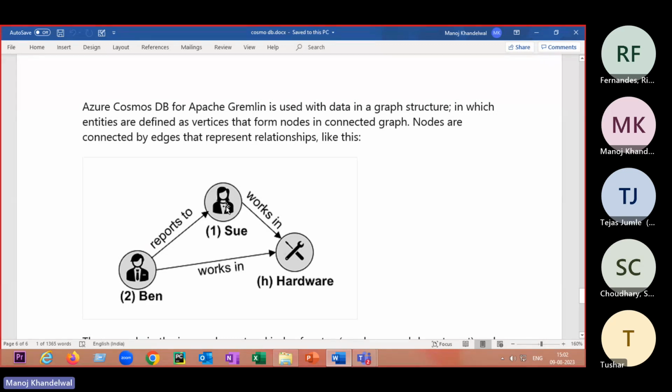Ben reports to Sue. Sue works in this, like this. So a graph is like a pictorial thing, and many times it becomes easier to represent business scenarios using graphs like this.